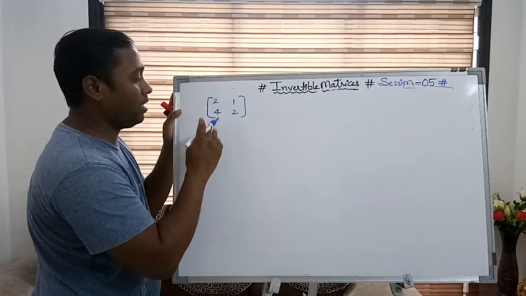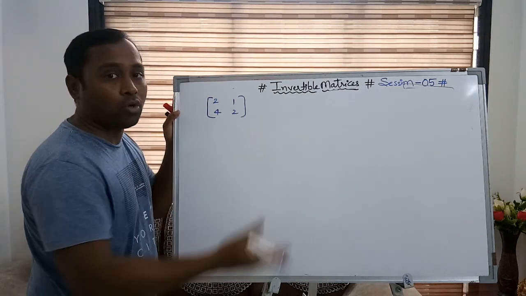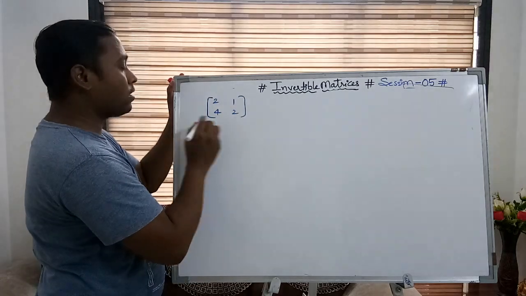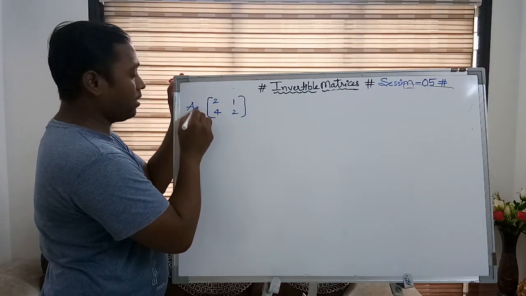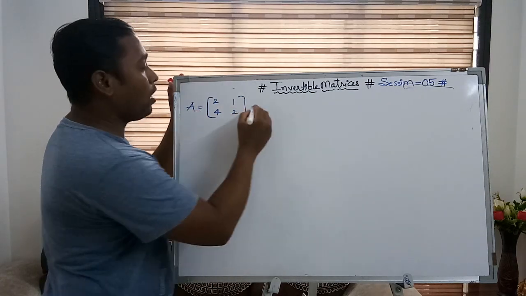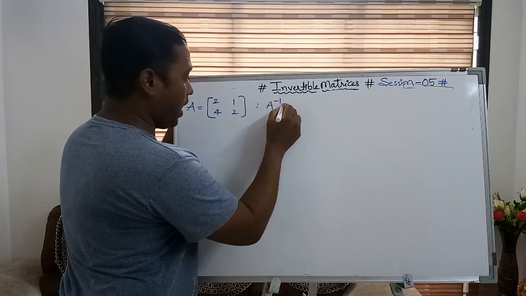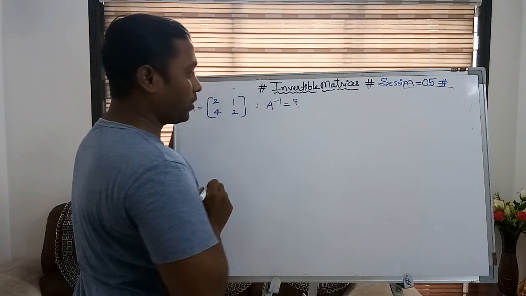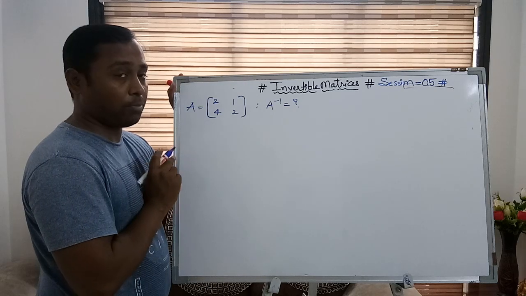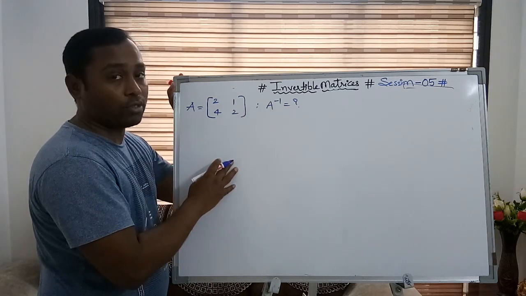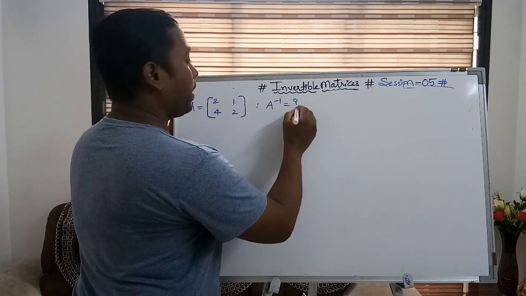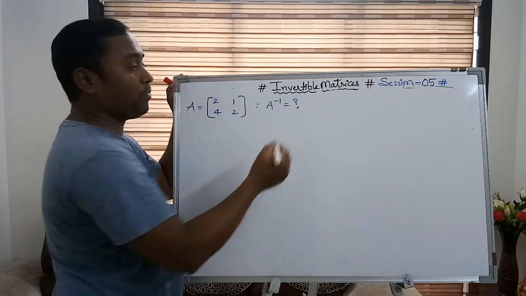It means that its inverse may exist, may not exist. So first I am assuming let this matrix be A. Now I need to find A inverse, if it exists. I am not sure whether we are going to get A inverse or not. Fine. So which method are we using again?